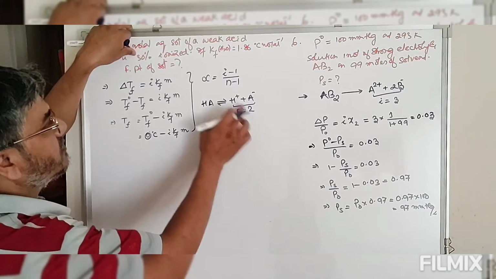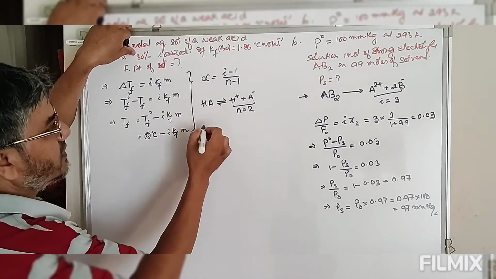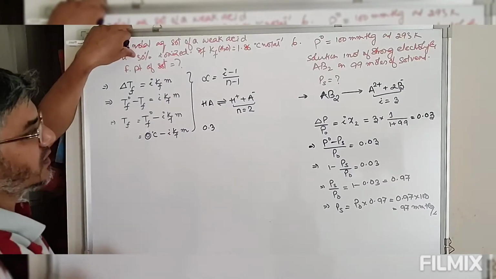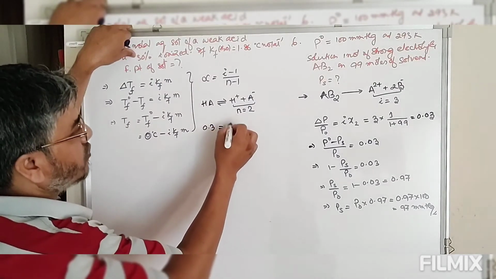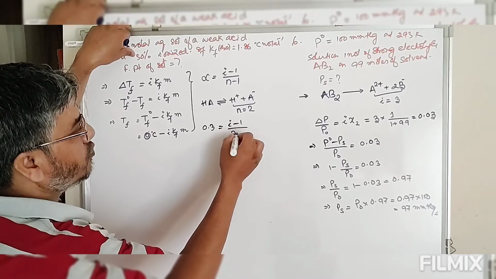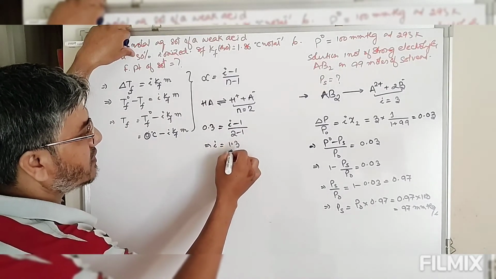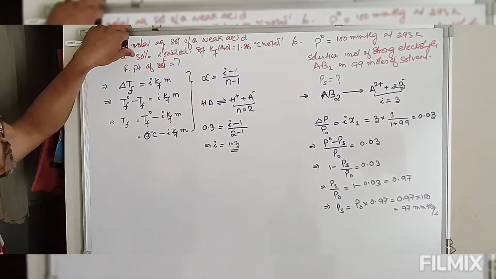Substituting the values of n and alpha: alpha is 0.3, so 30 divided by 100 equals i minus 1 over 2 minus 1. Therefore i equals 1.3.